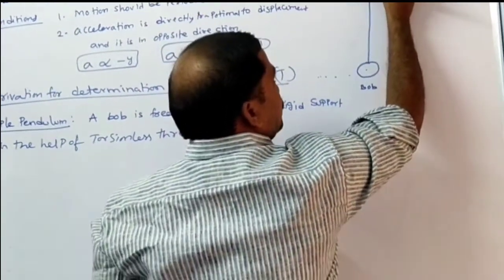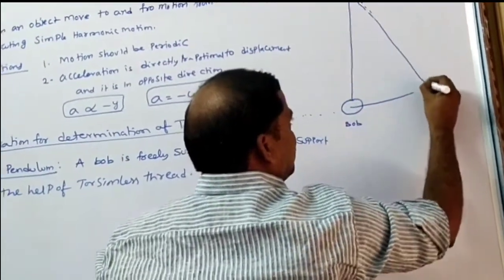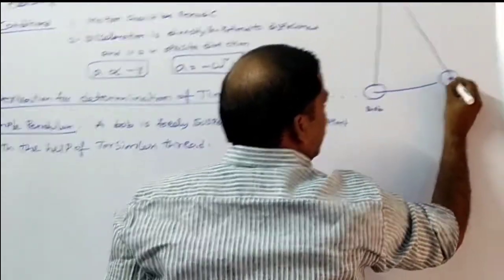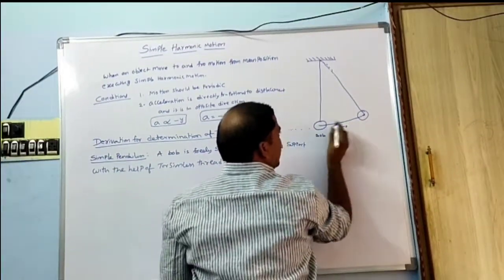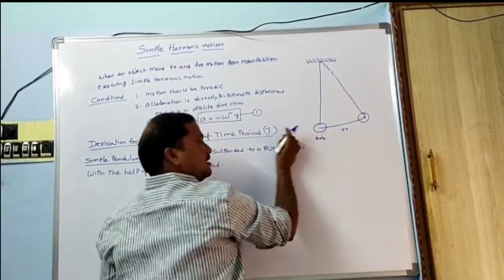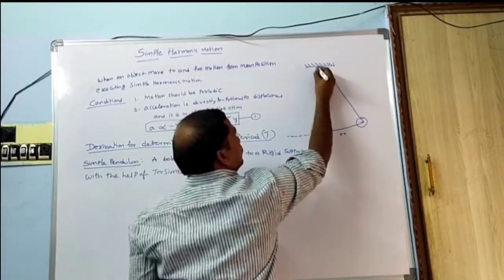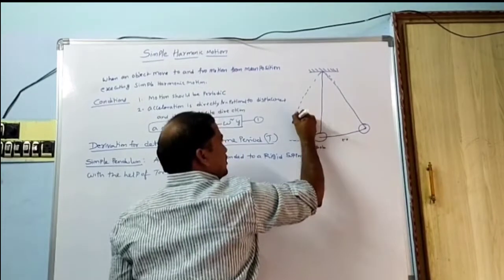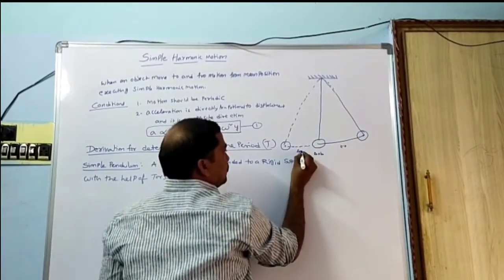Say for example, this is the to motion. Again it will come back here and go in the opposite direction. This we can call the fro motion. With the help of dotted lines I am putting it here.